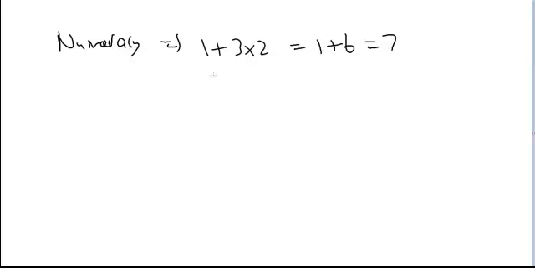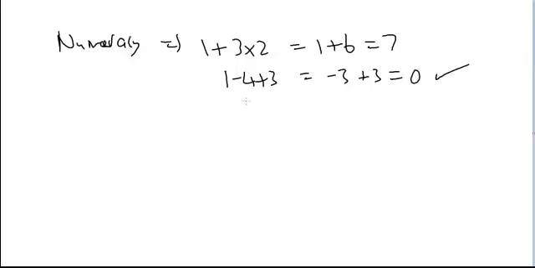It gets more complicated when you have expressions like 1 minus 4 plus 3, because that's equal to 1 minus 4 is minus 3, plus 3 is equal to 0. And that's the correct answer.